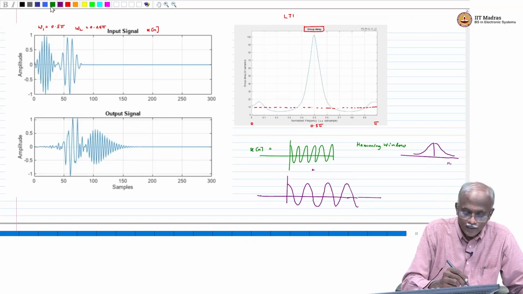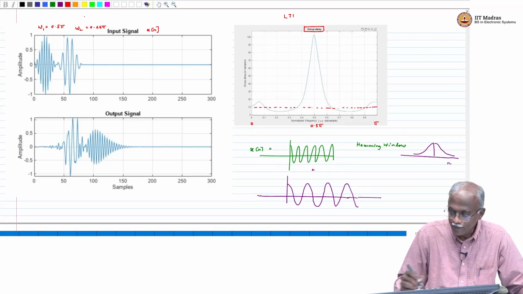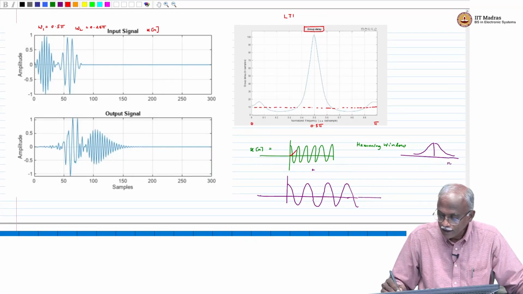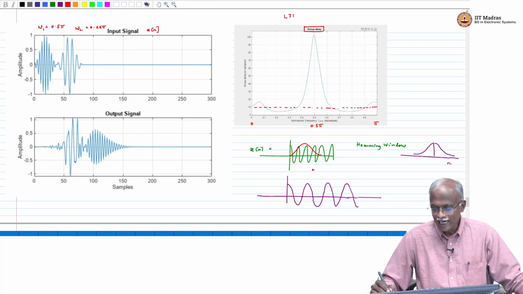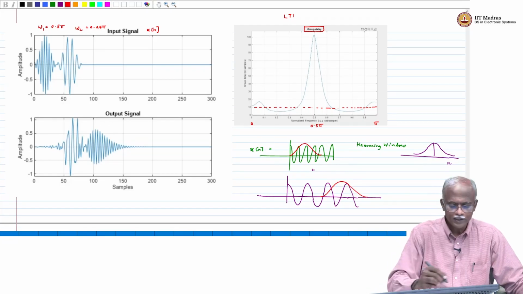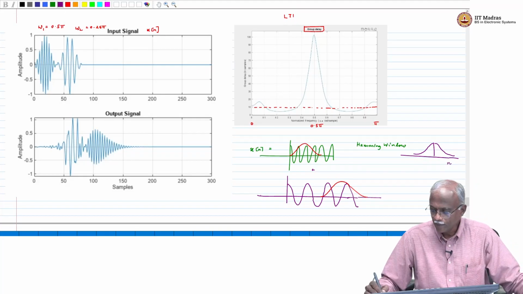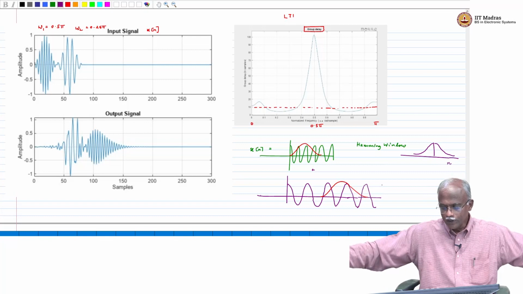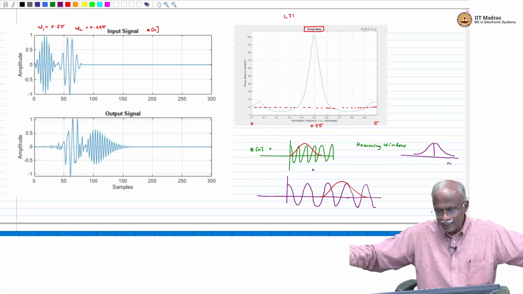So what we have done is apply that Hamming window in the initial portion for the higher frequency, and for the lower frequency we have applied it in the later part. We have applied the same window, and anything outside the window, the window will basically kill it.